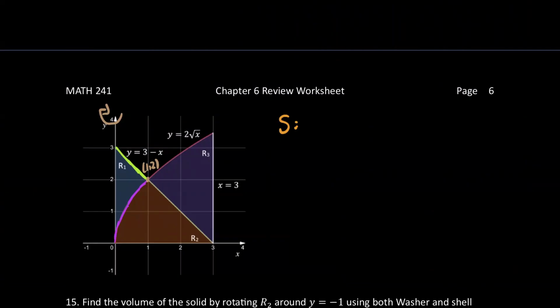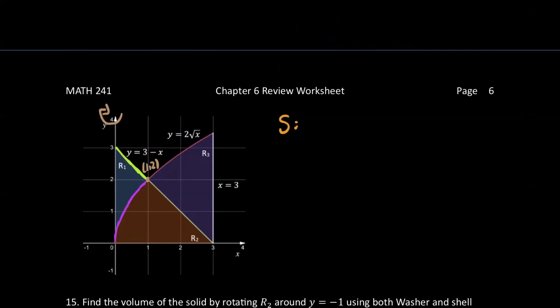Okay, so around the y-axis for shell method, we are actually doing it in terms of x. We're gonna cut the shell, the thin shell vertically and expand it horizontally to get the rectangular slab.